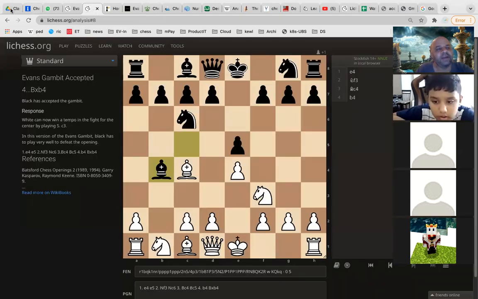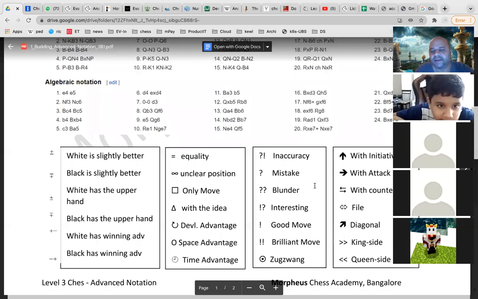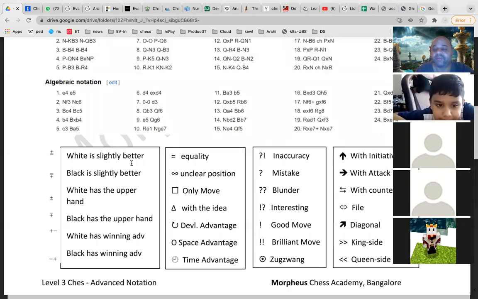What I was saying is entire books are written with a lot of analysis. They have to write things like white has an advantage, white is going to attack this way, etc. Instead of writing it in English, the masters write it in symbols. Why symbols? Because those symbols are not tied to any language.